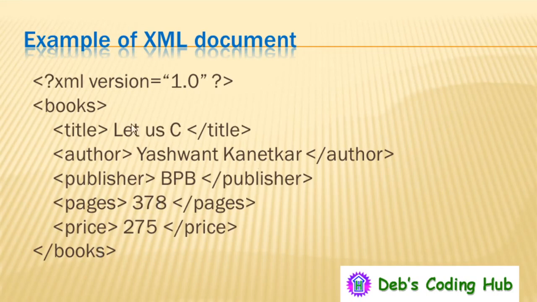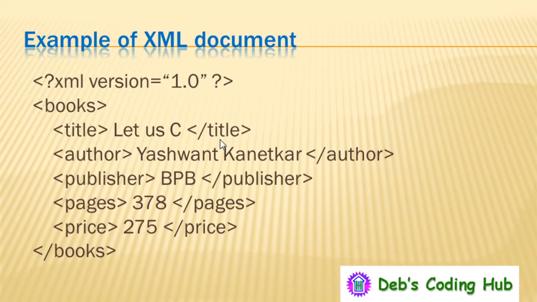So there are 5 children of the root book: title, author, publisher, pages, price. To define a single book, we need to fill these 5 pieces of information. So title is one tag, and the title of the book is letter C, and title is closed.